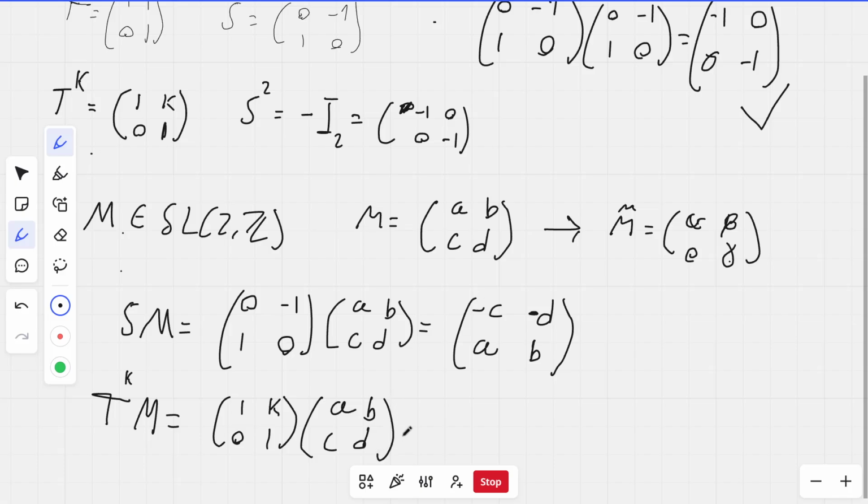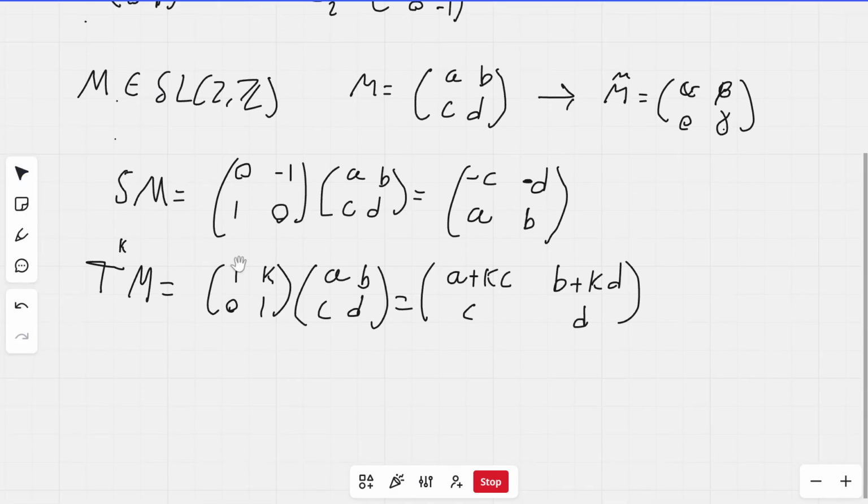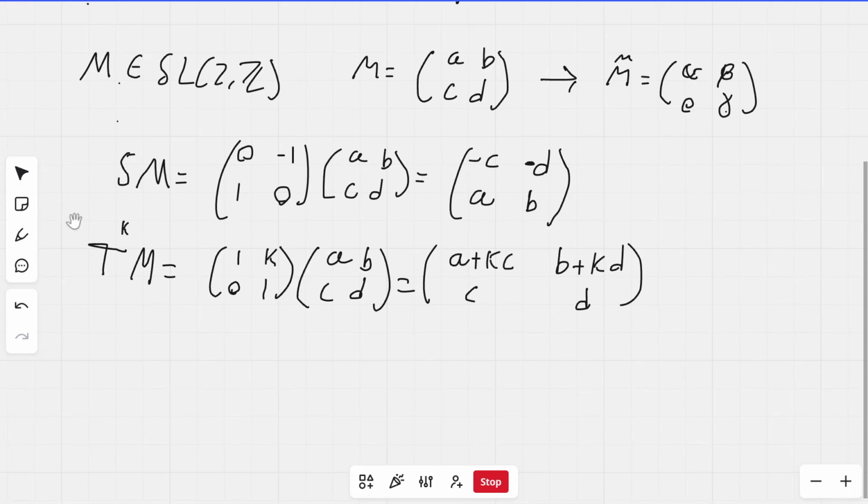We get A plus KC and C, and we get B plus KD and D. And so multiplying a matrix by T to the K transforms it in this way.